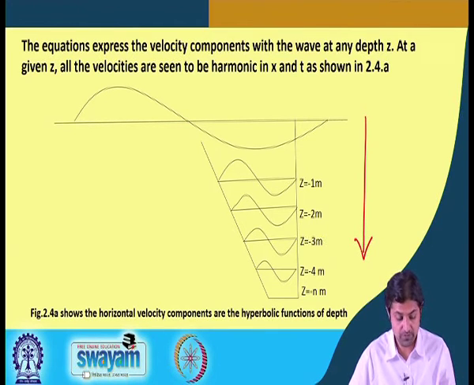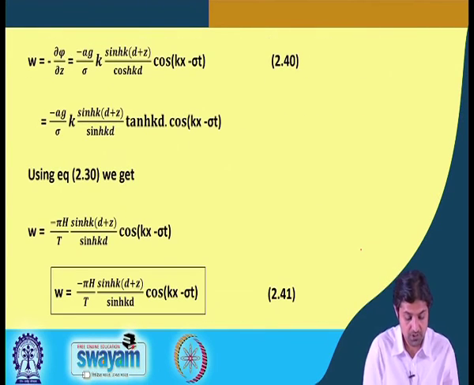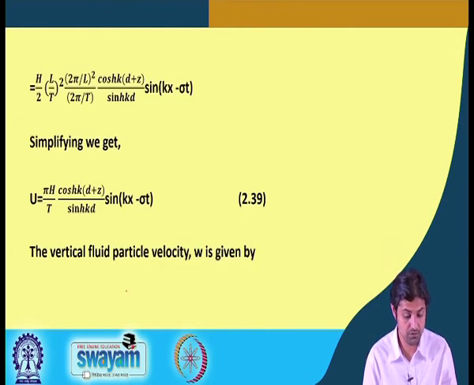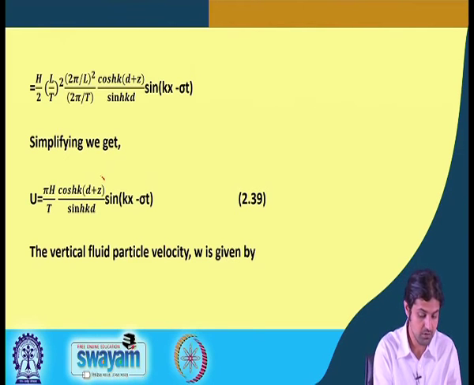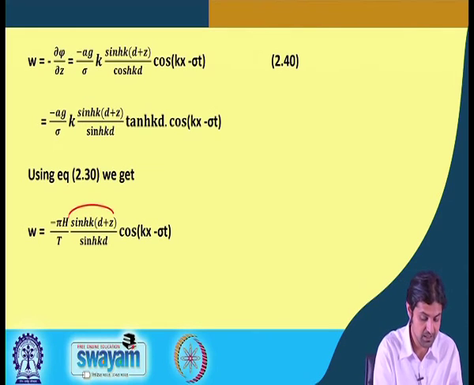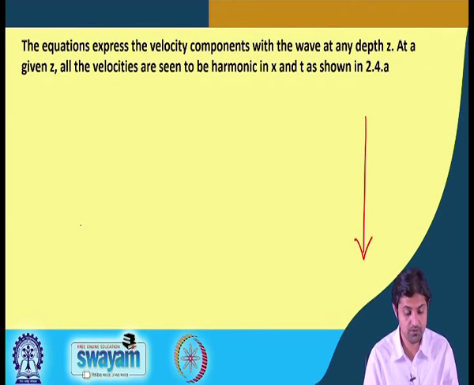So, figure 2.4a, it shows the horizontal velocity component are the hyperbolic functions of the depth. You see, sinh k(d plus z), hyperbolic functions of d plus z, and same with u also. You see, u is in cosh and w is in sinh.